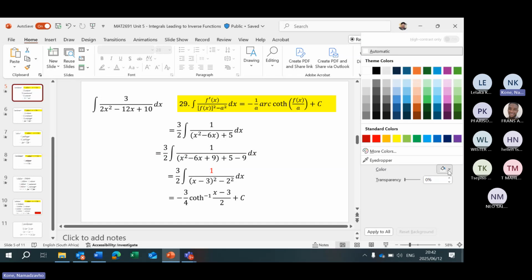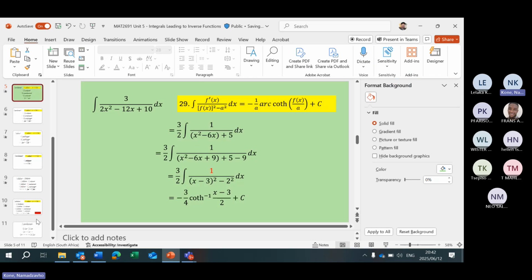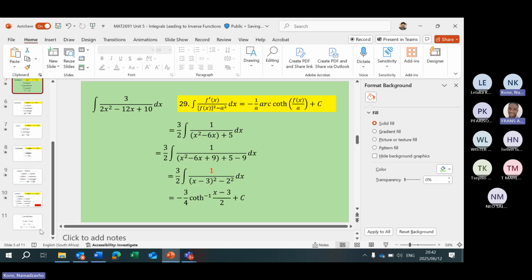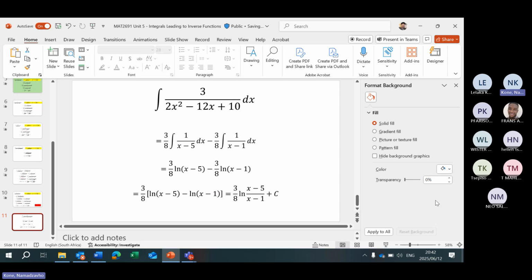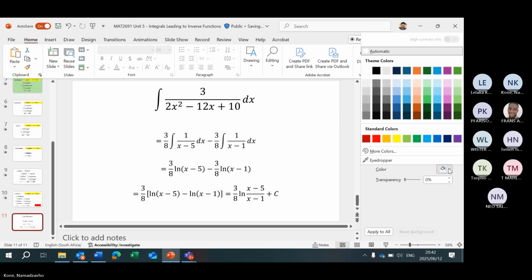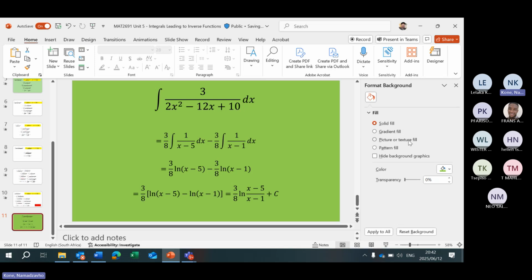I want to do something so that you can know which slides you're supposed to compare. Aha! You see, the background is green. This is what I wanted. So we can do the same background here. So I will send out these slides so that you guys can go and check these green slides, find the derivatives of the final answers, and then check if they are different from the original integral. How about that?